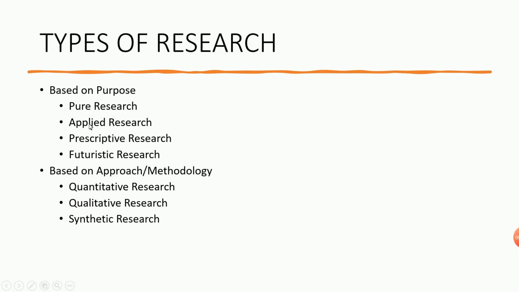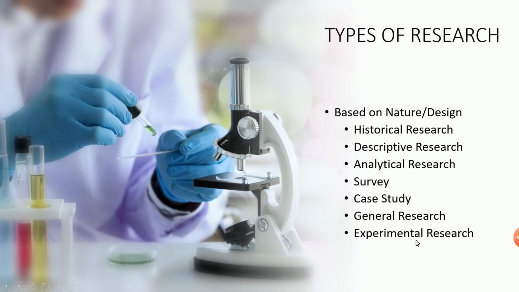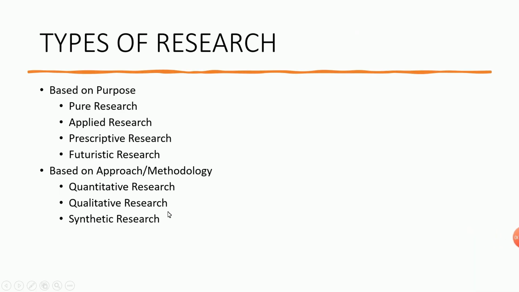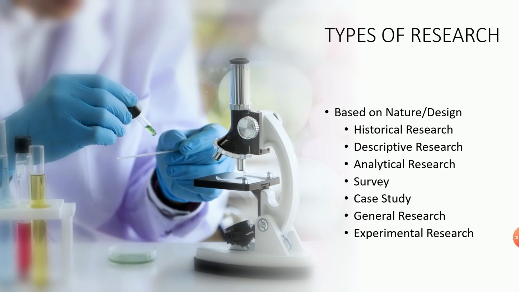Each could come under one thing, and at the same time they are interrelated. Experimental research, general research could be quantitative and qualitative, either one of them, or both. Likewise, all the research types are categorized and interrelated.